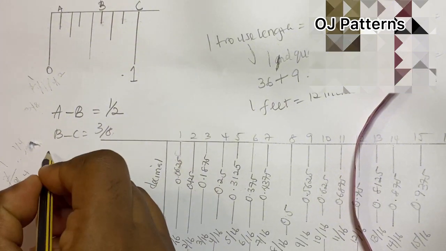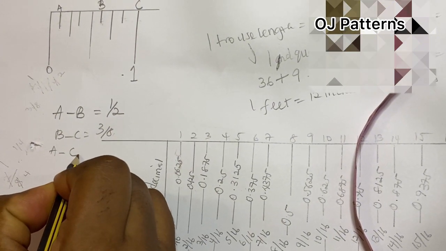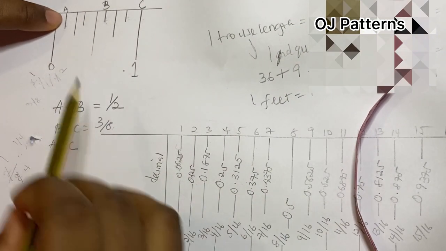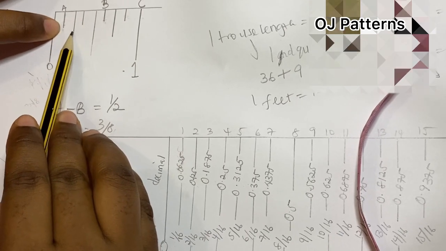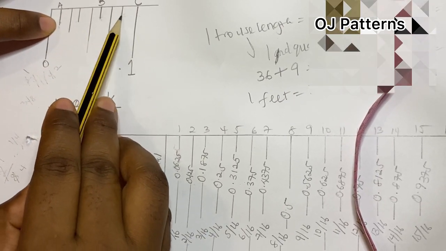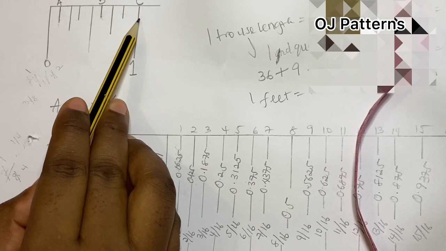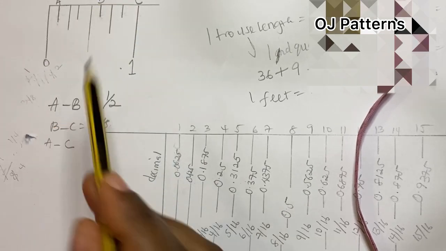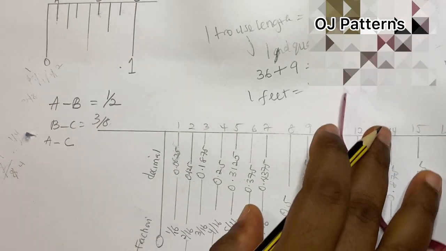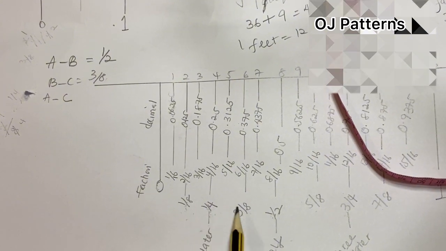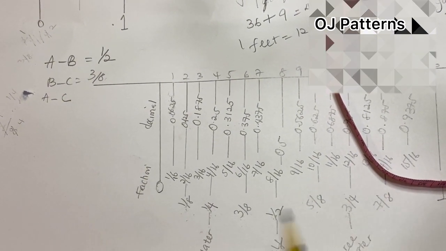Now let's look at A to C. For A to C, you count 0. From 0, you go 1, 2, 3, 4, 5, 6, 7. So A to C is 7/8. If you count 1, 2, 3, 4, 5, 6, 7, that's 7/8.